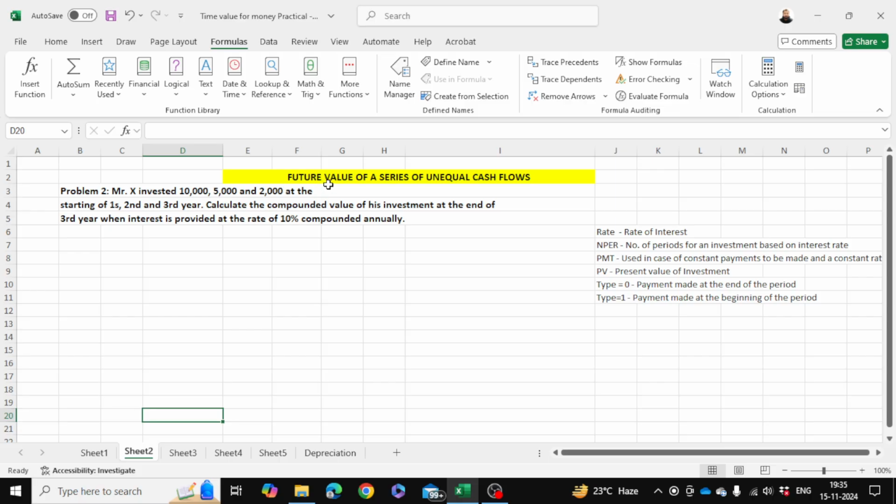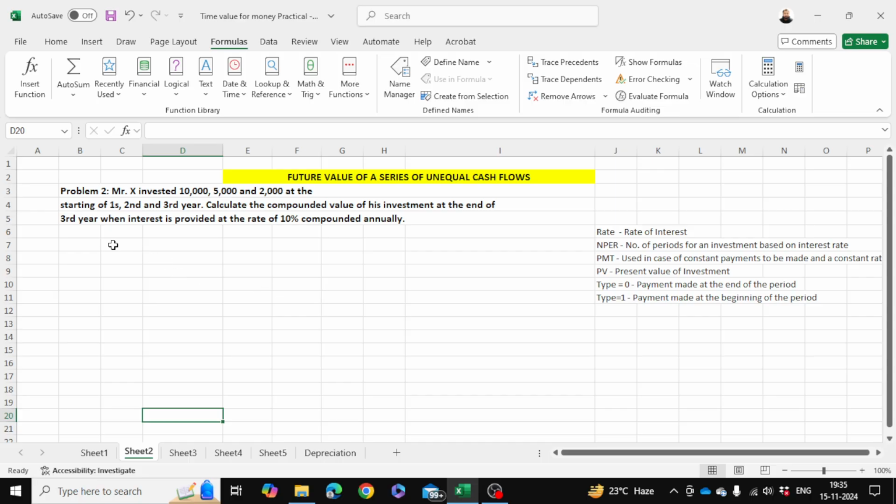So future value of a series of unequal cash flows. So you are investing a different amount of money in different years, right? So you are supposed to calculate the compounded value of this investment at the end of the third year, when interest is provided at the rate of 10% compounded annually, right?